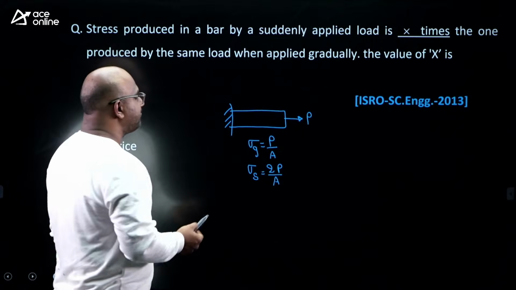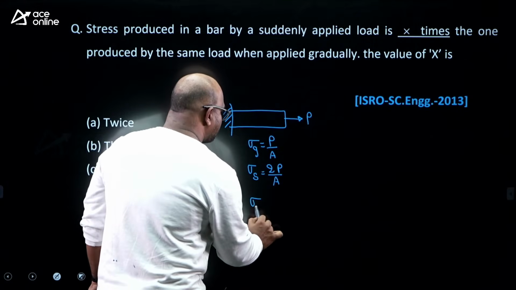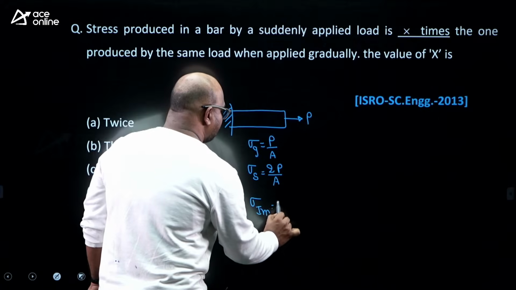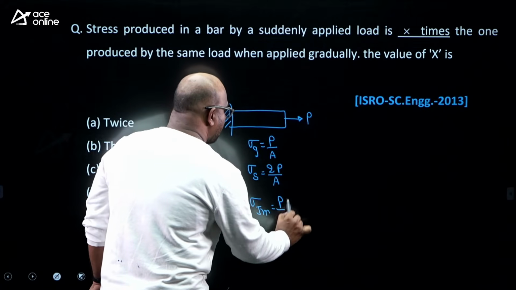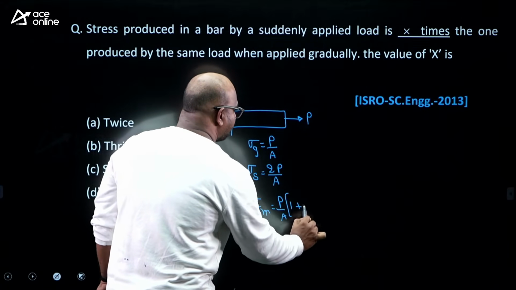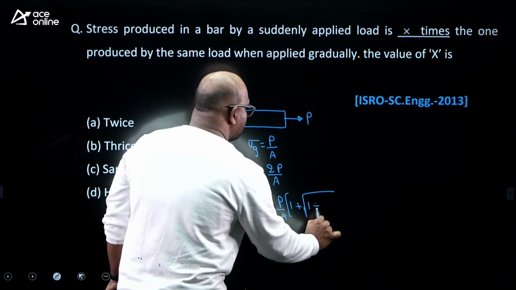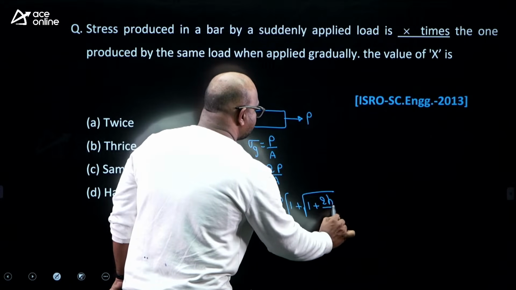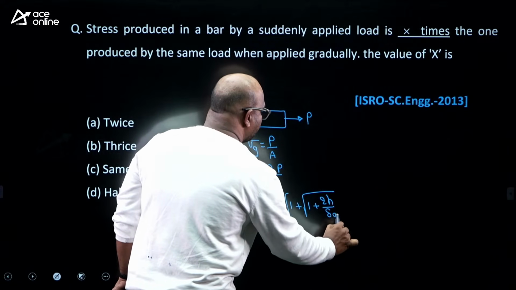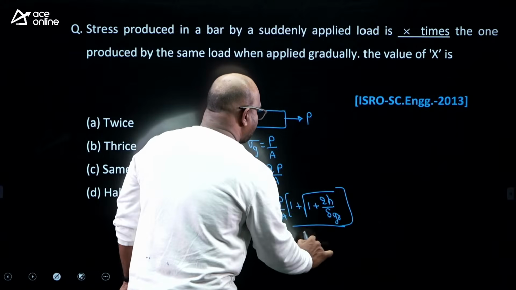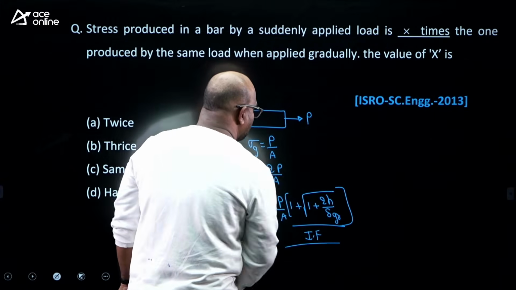If it is impact, what happens? Stress due to impact equals P by A into the impact factor, square root of 1 plus 2h by delta gradual. So remember, this is called the impact factor. It should be remembered, guys.